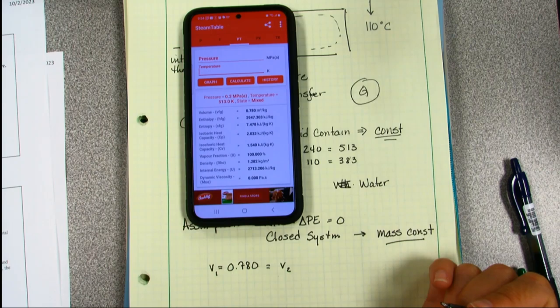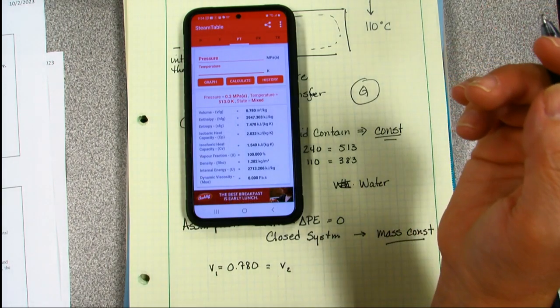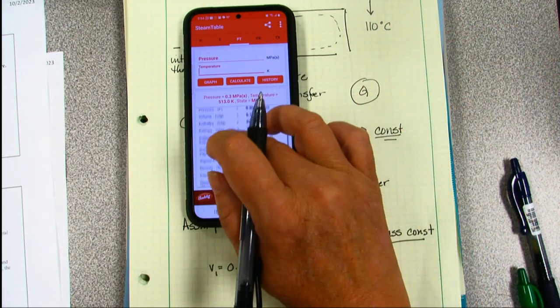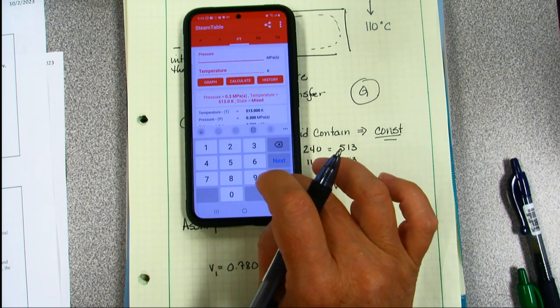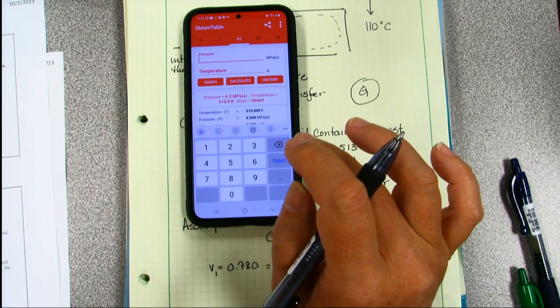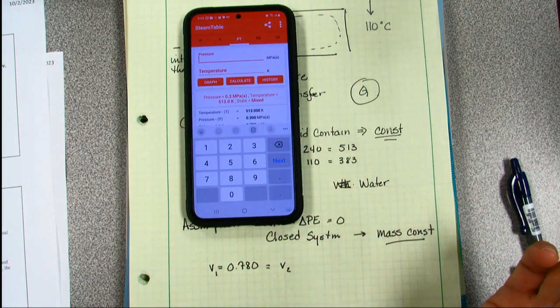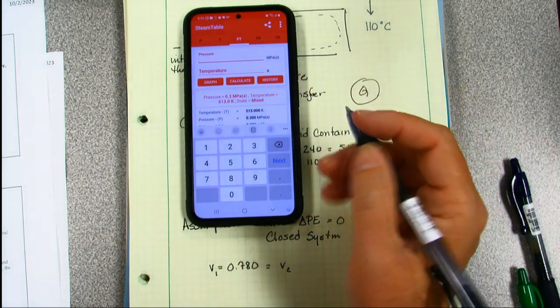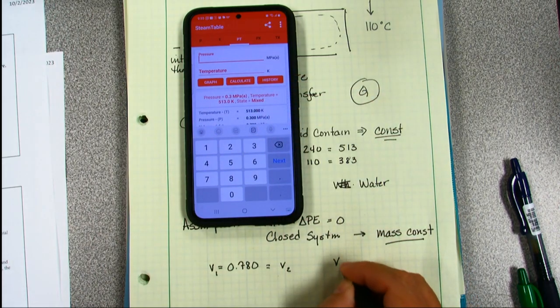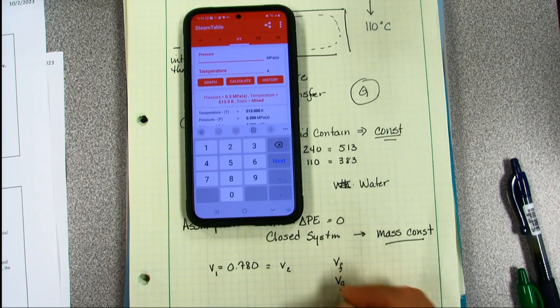So now if we go back and do the other, we're still at, because we're trying to find pressure. We want the volume of the fluid, and we want the volume of the gas.